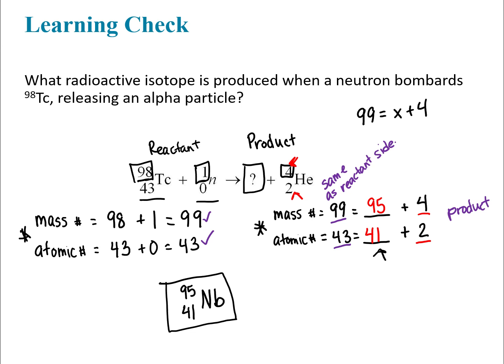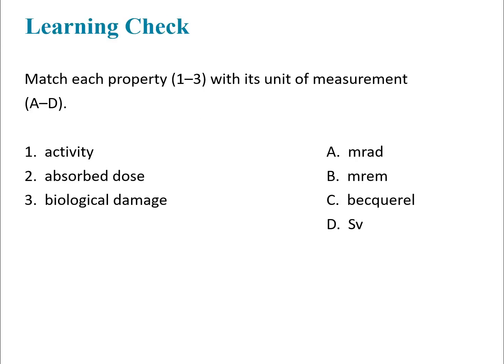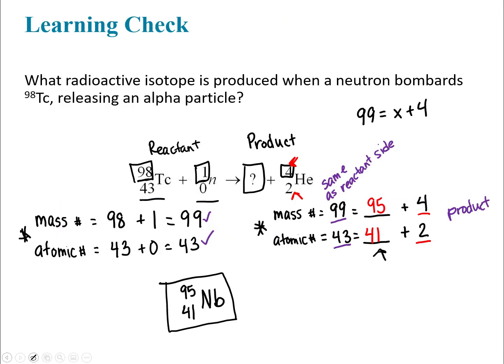But we're making two new things. We've got a new element and we've got an alpha particle. So with our mass number, it has to stay the same. It's 99, just like on the reactant side. But to get to that 99, we have some new element whose mass number we don't know, and we have the mass number of the alpha particle.